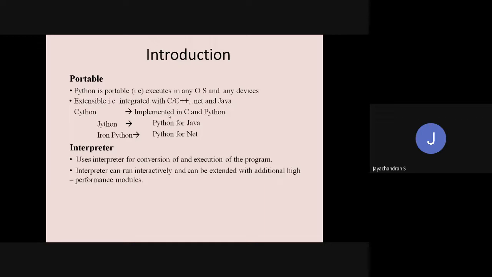Suppose a user creates a web application. That web application and its design should support all types of browsers, and the viewable content should be similar in all the browsers. So here Python is portable and executes on any OS and any device.